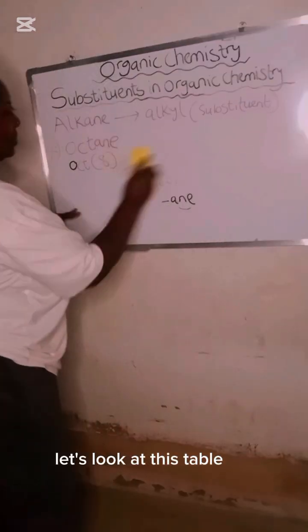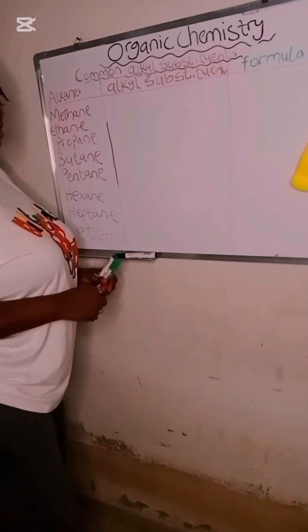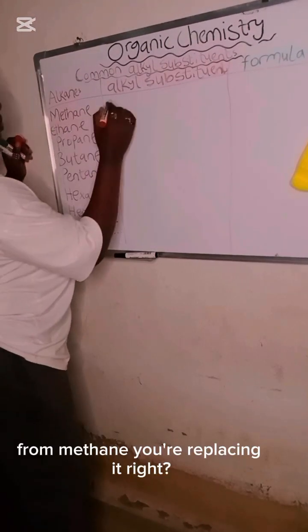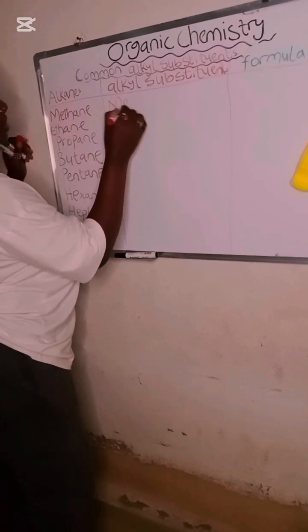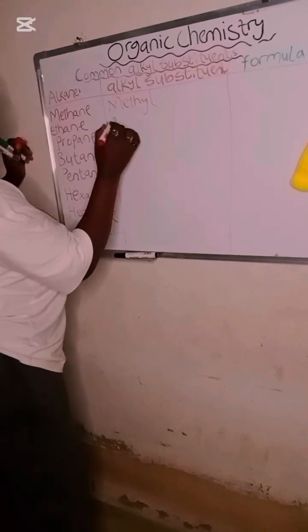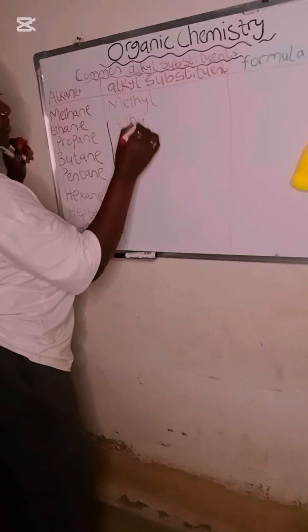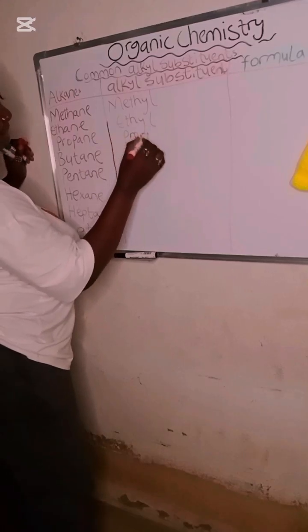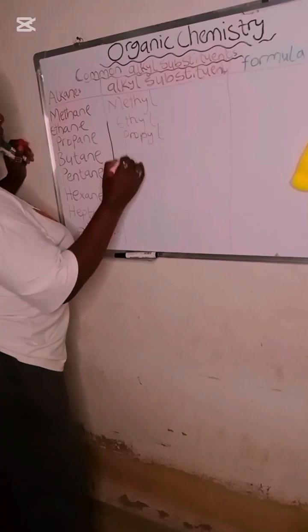Let's look at this table. So the alkyl substituent is what? From methane, you're replacing it, right? Methyl. Remember? Ethyl. Propyl. Butyl.